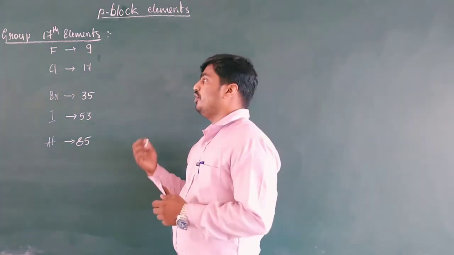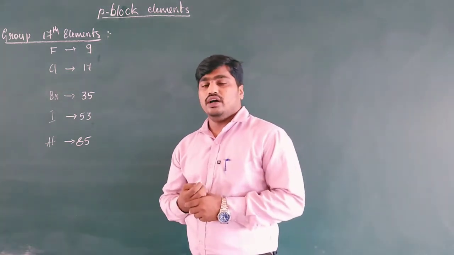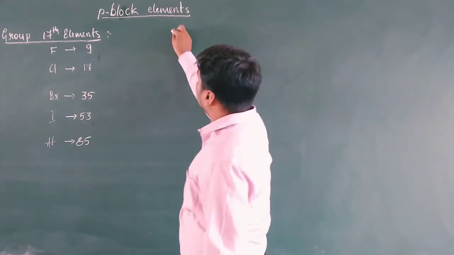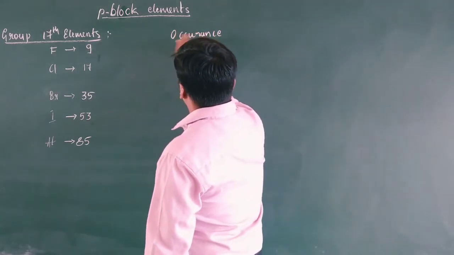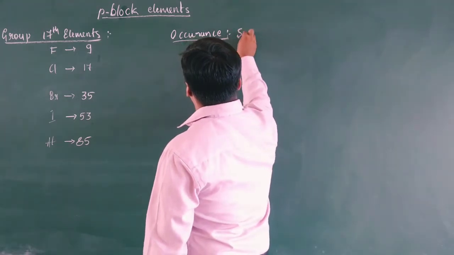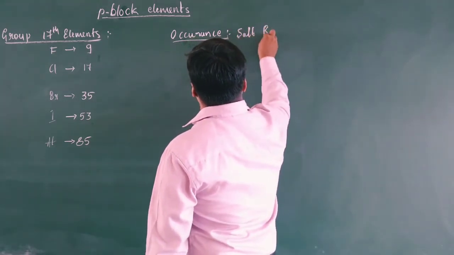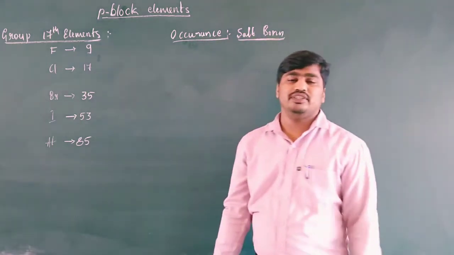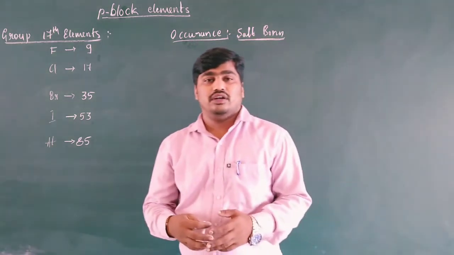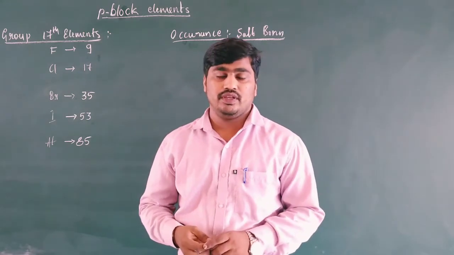Then what about the occurrence of these elements? When you observe the occurrence, most of these elements are salt-borne. Salt-borne means they exist in the form of a salt.